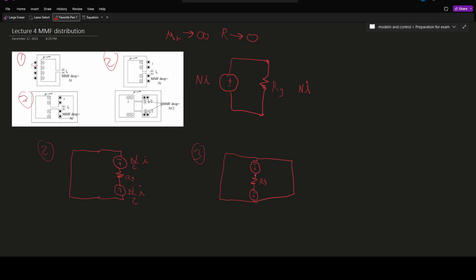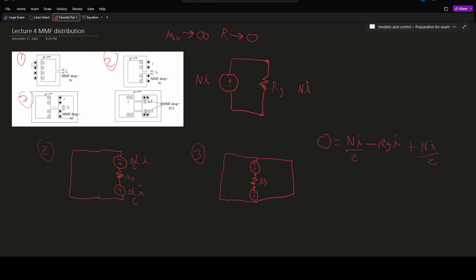Now if we try to measure the MMF drop in Rg, let's do it with this one. If we just do the KVL, we can see that we have 0 equals Ni over 2, this is one of our sources, minus the drop in the reluctance, plus another Ni over 2.